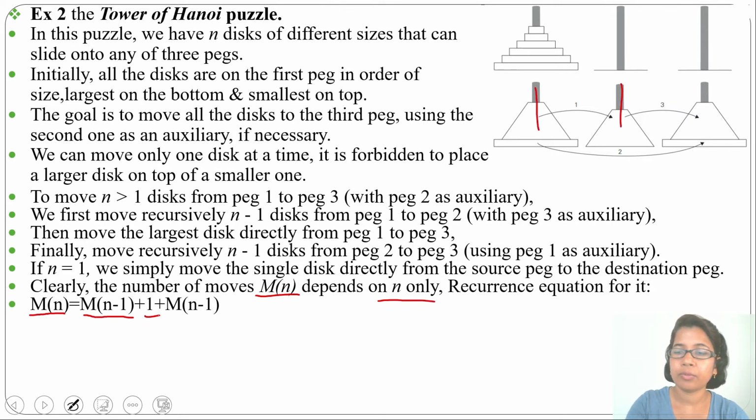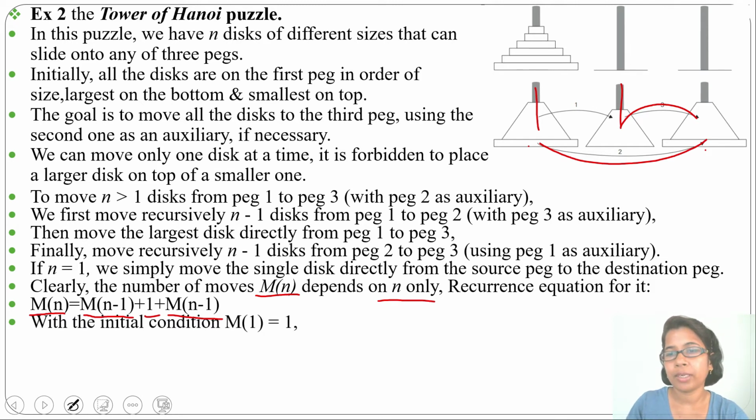Then 1 for moving the larger disk from peg 1 to peg 3. Next M(n-1) for moving n minus 1 disks from peg 2 to peg 3. And the initial condition is M(1) = 1. If there is just one disk, you can directly move it to peg 3.